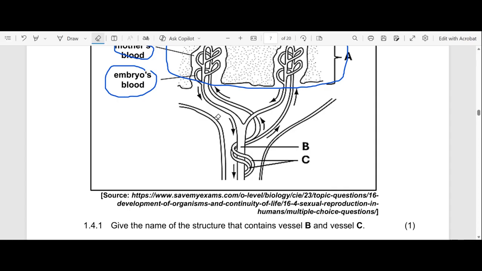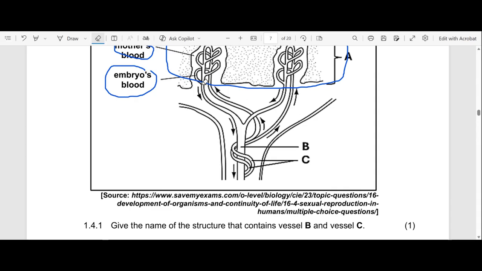But before that, let's just look at the arrows here. You can see that of these two vessels, C is transporting from the embryo to the mother, or to the placenta, because we can see the arrows.